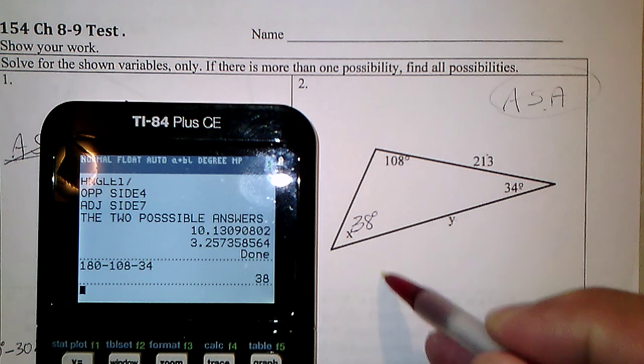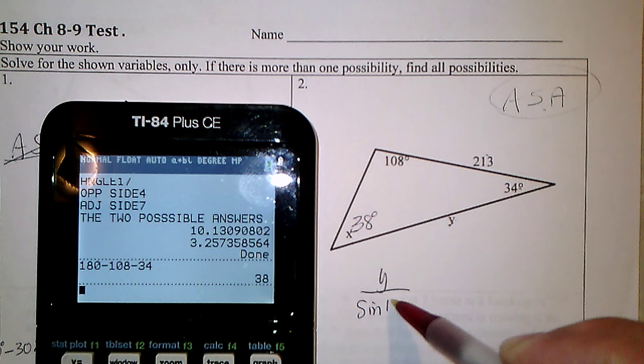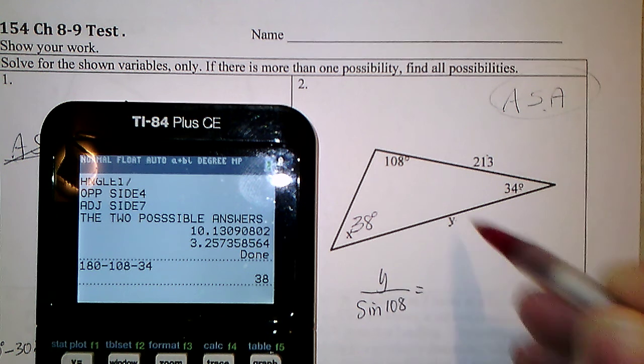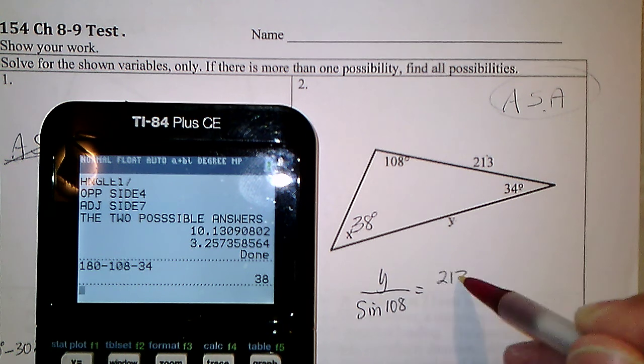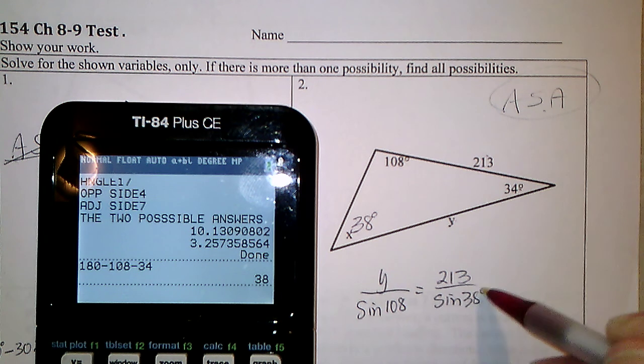y over sine of 108 equals 213 over the sine of 38.